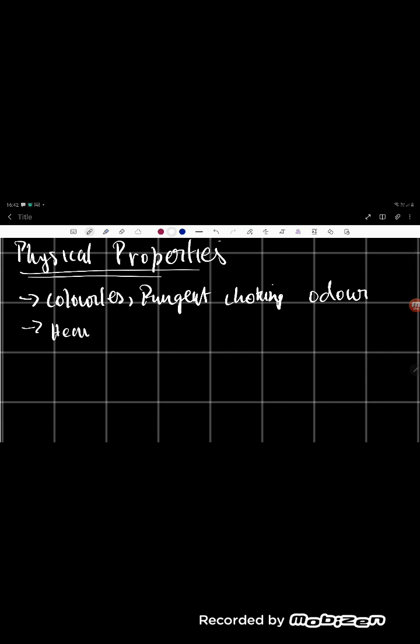You don't have to remember how many times heavier than air it is, but it is heavier than air. And it is highly soluble in water, as we have seen in the previous part on collection of HCl.